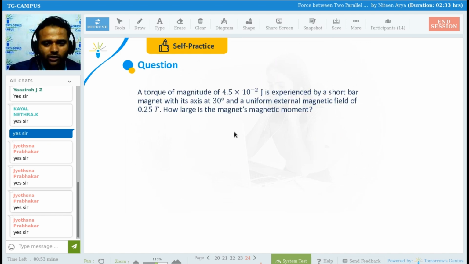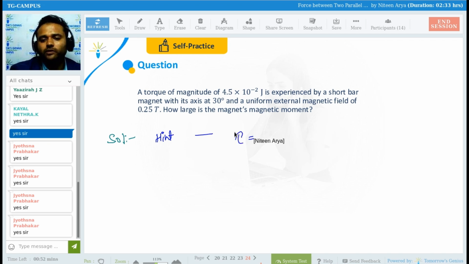This one: the torque of this magnitude is experienced by a short bar magnet with its axis at 30 degrees to a uniform external magnetic field B. How large is the magnetic moment? That is very easy again. Solution or hint, I'm not going to solve it, but a hint.